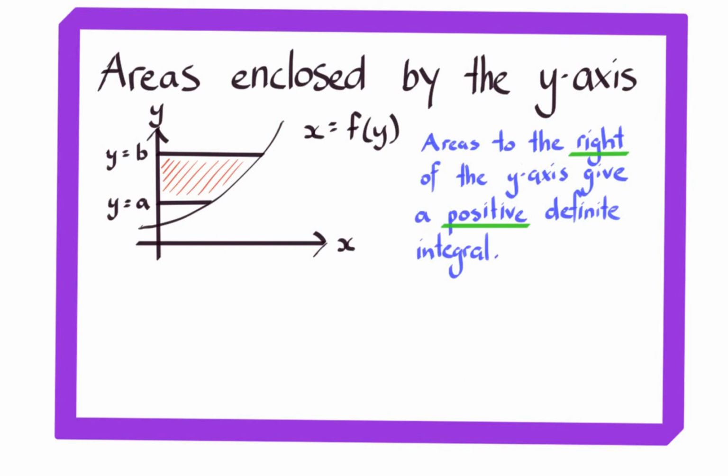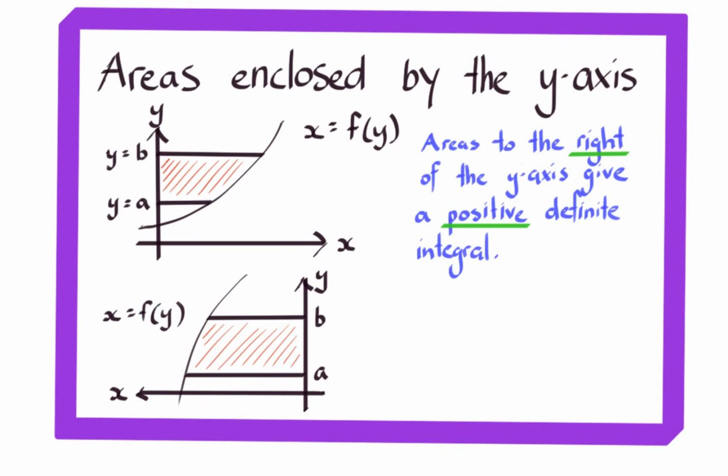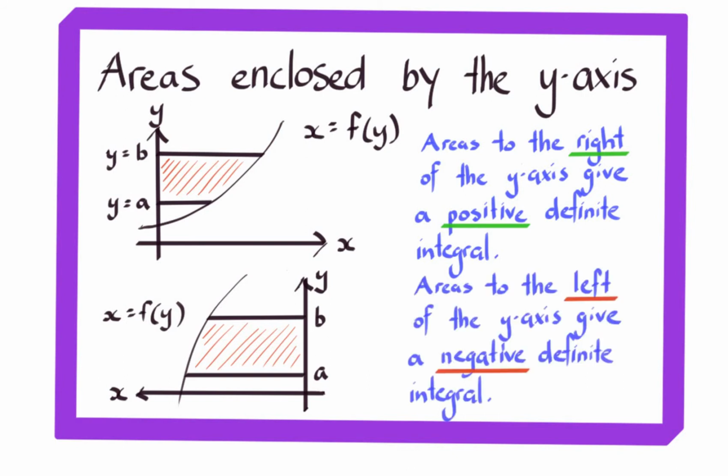Whereas if we're looking at an area like this, which is located to the left of the y-axis, then we will get a negative definite integral. So let's take this information and have a go at a few examples now.